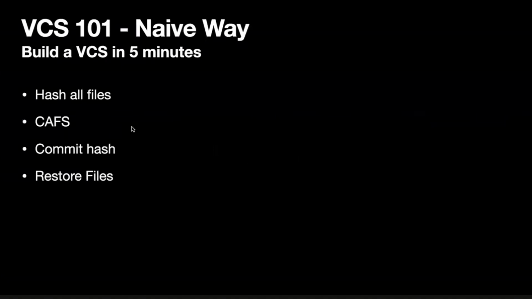And so what I wanted to do was start by how we could build a naive version control system in 5 minutes. It's actually not that hard once you break down these fundamentals. And then we'll see how Oxen Merkle trees under the hood help us scale up to many files or large files that change over time.